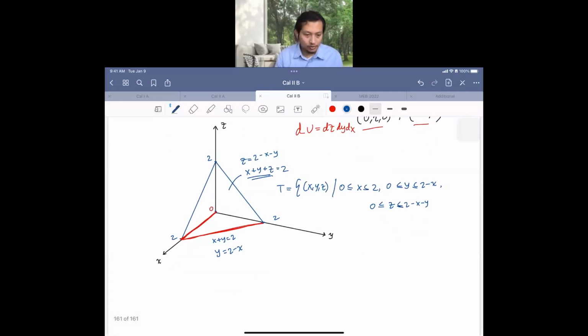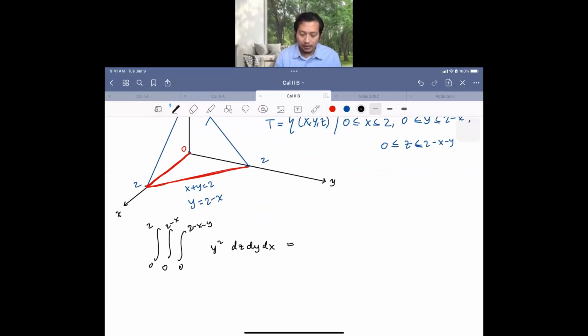And then we could write down the triple integral from 0 to 2, from 0 to 2 minus x, from 0 to 2 minus x minus y, of y squared dz dy dx. Now start with just integrating dz into z.